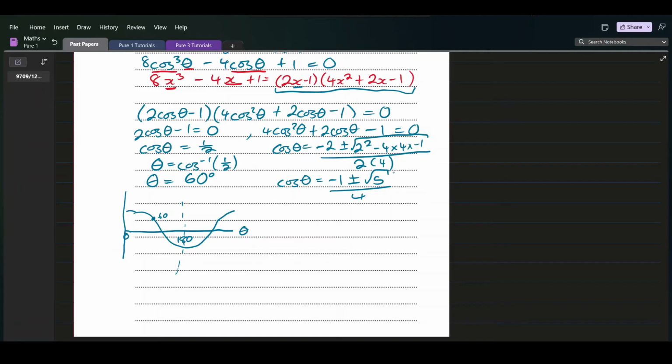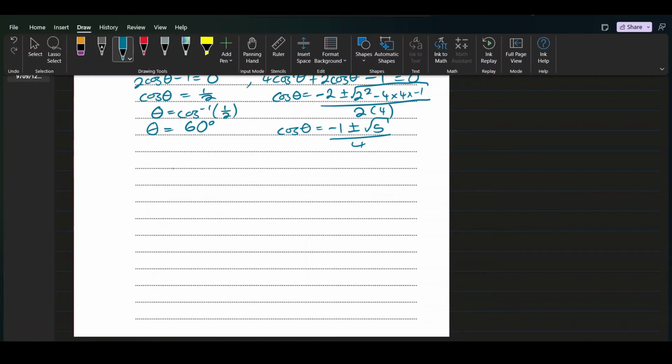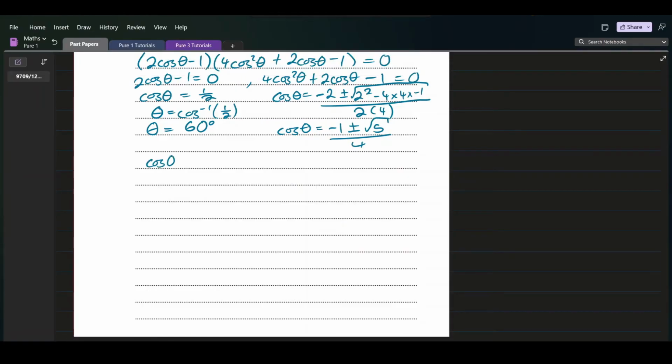Okay, so we have two equations. Let's go down where we have a bit more space. So we've got cos theta is equal to negative 1 plus root 5 over 4. And we have cos theta is equal to negative 1 minus root 5 over 4. And let's work with our first equation. Theta is equal to arc cos of negative 1 plus root 5 over 4.